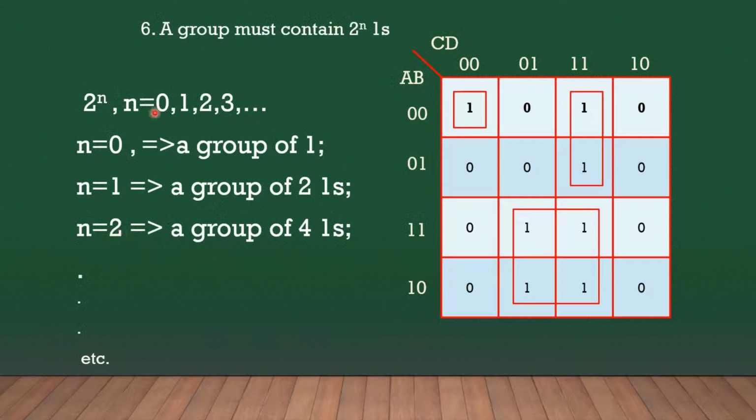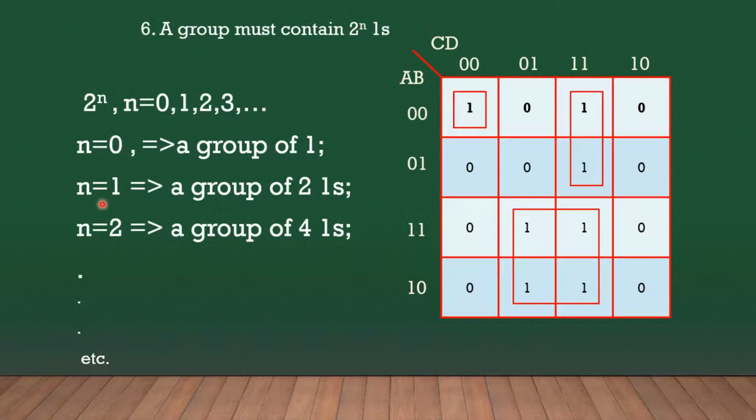When n is 2, then 2 raised to 2 is 4. A group of 4 is accepted. Okay, so it continues like that. We cannot group 3, because if you take any integer and put it in 2 raised to n, we don't get 3 or 5 or something like that. Okay, we follow these rules when we group. This is what it means.